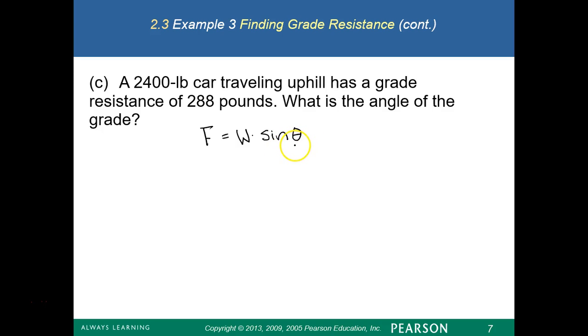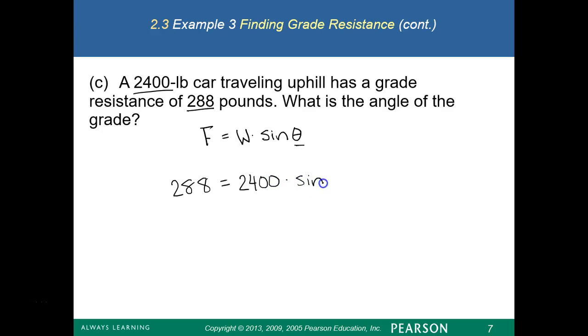That's what we're looking for. And we are given that the grade resistance in pounds is 288. So plug that in for F. And the weight of the car is here. Plug that in for W.